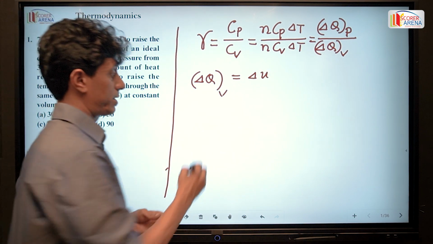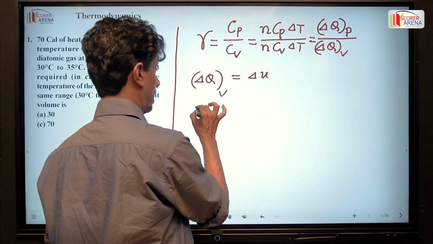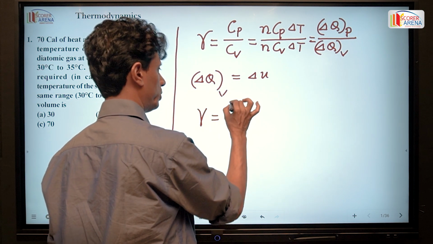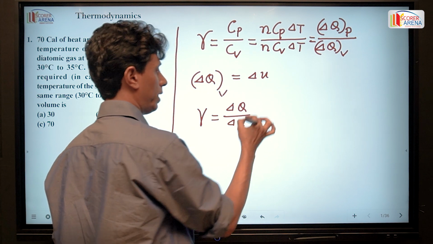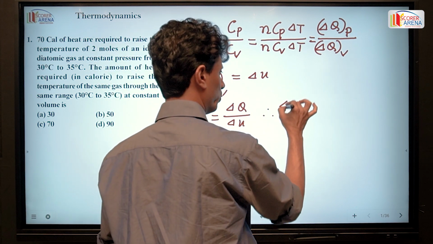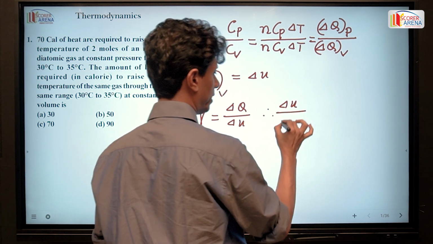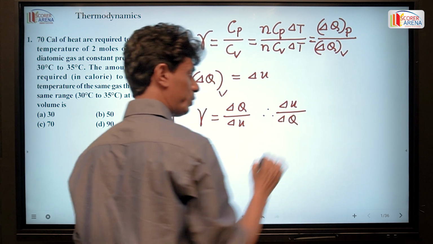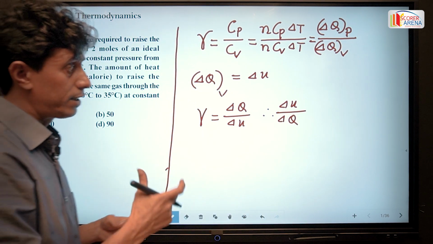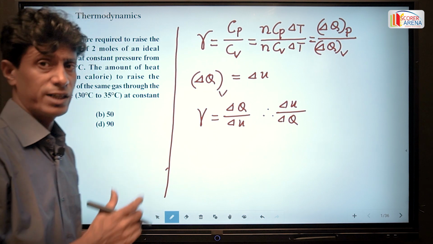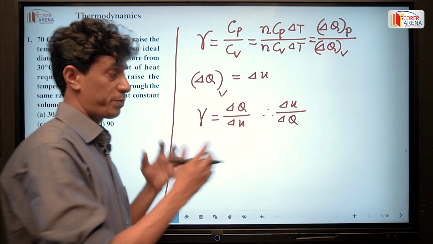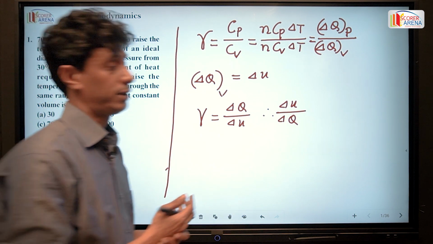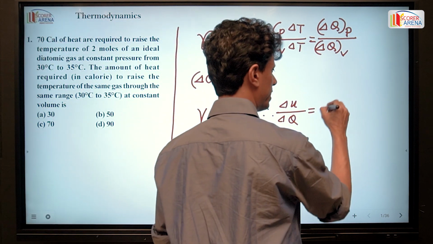Therefore we can say gamma equals del Q by del U, where del Q is the amount of heat given to the gas and del U is the increase in internal energy, that is the fraction of energy with respect to the heat supplied to the gas. It is equal to actually 1 by gamma.